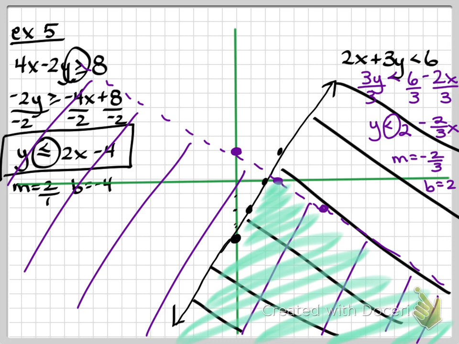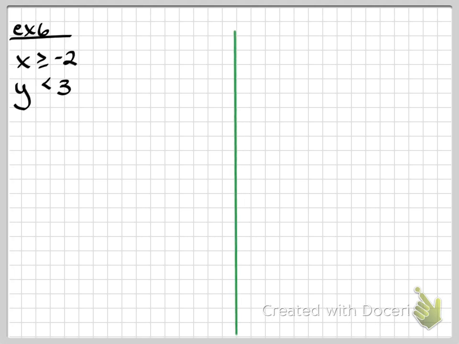Okay, the last one is, I think, the most fun to graph. It's the quickest, and we do see it in what we're doing in the next section. This is example 6. This is also a system because it's 2 equations, 2 variables. They're just super nice lines to graph.